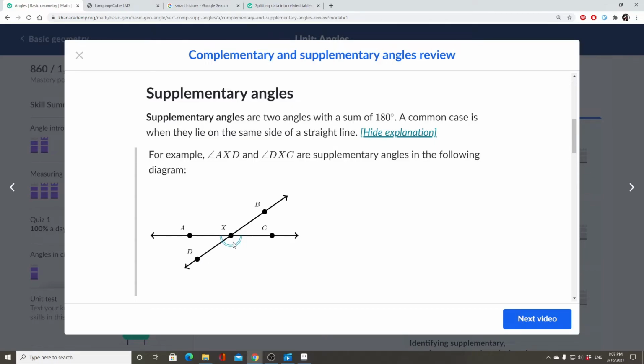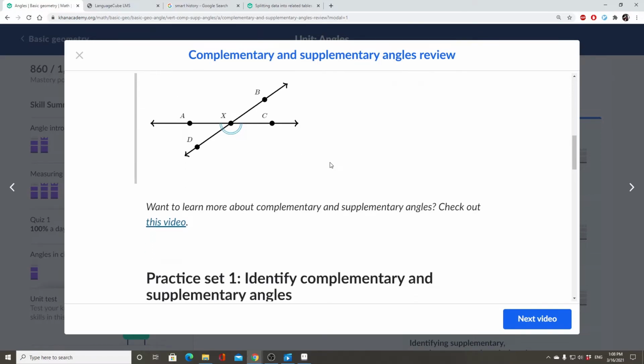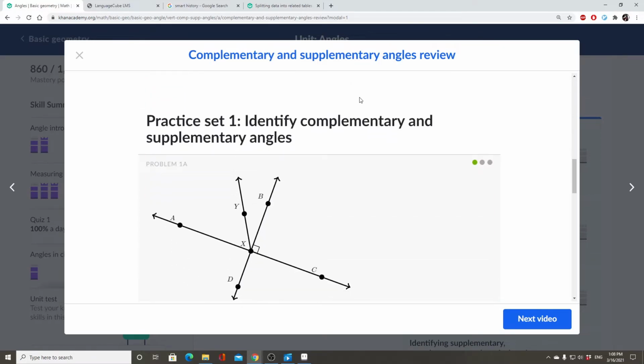AXD, this one and this one. Okay, so together these, oh yeah, you can see it, right? Because there's the line, there's DXC, and there's AXD, and so together these would make a 180 degree angle.